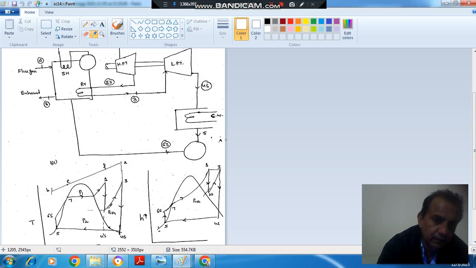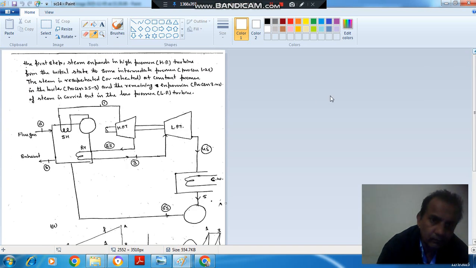So here, suppose this is your turbine inlet at 1, and steam is leaving the high pressure turbine at 2s, and then it is again heated or reheated, and after reheating it is fed to the low pressure turbine, and then after expansion in the low pressure turbine it goes through the condenser.